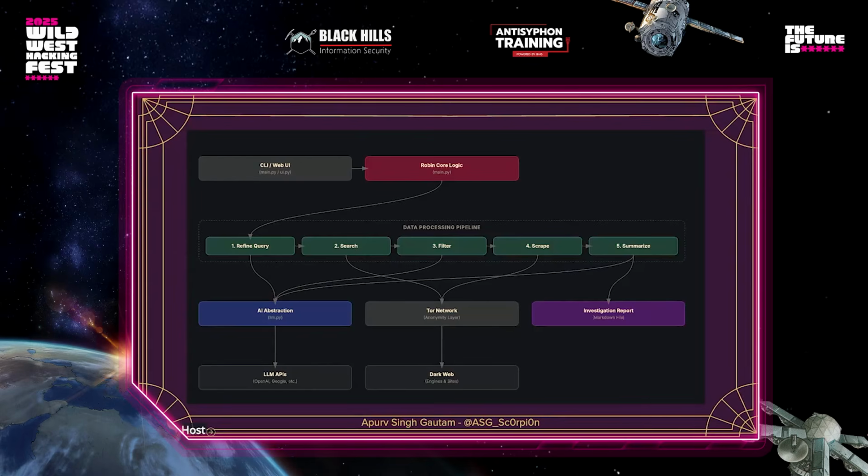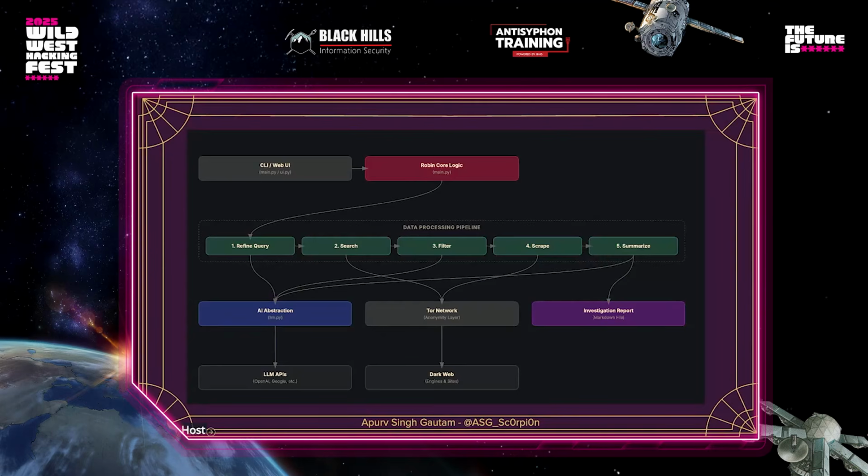The refined query goes into the AI abstraction, which is llm.py, and the AI prompt is just: act as a search engine for dark web search related queries and just refine the query, give me the perfect query. If I just type ransomware, it will automatically give me ransomware threat actors or ransomware leak sites. That is why the refined query was useful.